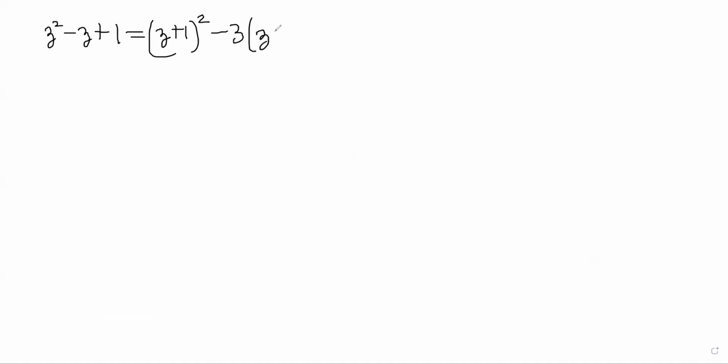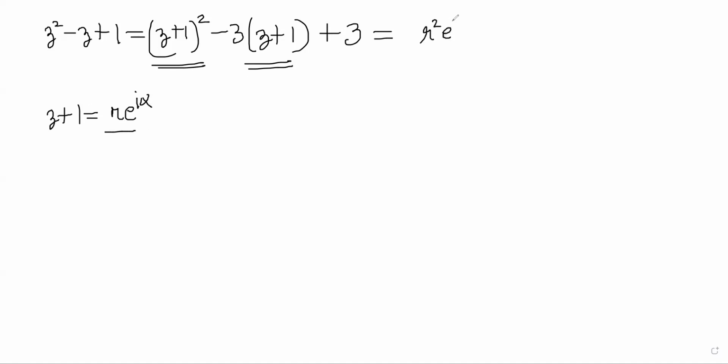So minus 3 times z plus 1 becomes minus 3 and plus 3. What I have done is I have written it in terms of z plus 1 only. So now I have already assumed that z plus 1 is r e power i alpha. So what is z plus 1 square? It is r square e power i 2 alpha minus 3 r e power i alpha plus 3.